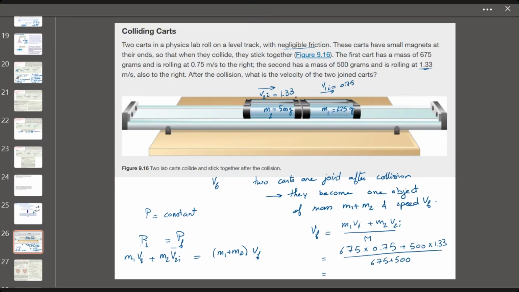Remember, these are vectors. I would have to put x and y components, except that everything here is horizontal. Otherwise, if there were any oblique velocities, I would have to project and add quantities along the x-axis, then along the y-axis. But here everything is horizontal, which makes things easier. I also need to be aware that if there are any velocities to the left, I'll put these as negative.